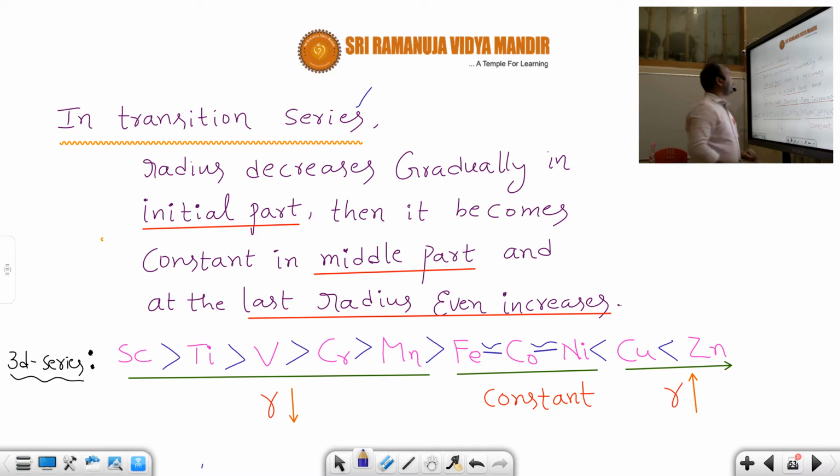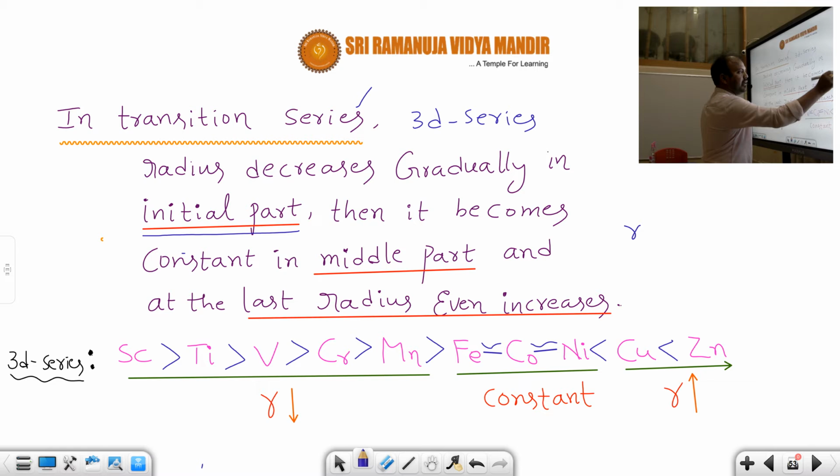In the transition series, that means d block elements, especially in the 3d series from scandium to zinc, the atomic radius decreases gradually in the initial part. This is due to the increase in effective nuclear charge, which is the general trend.